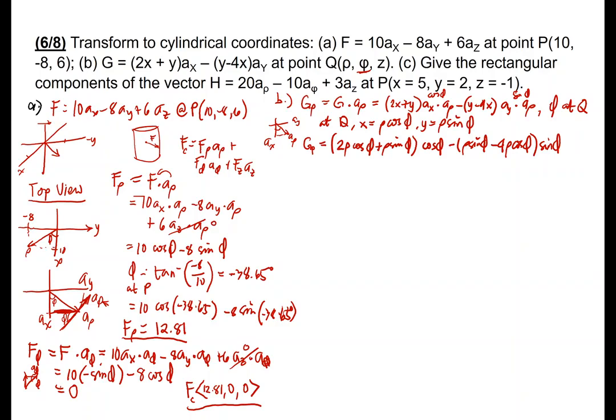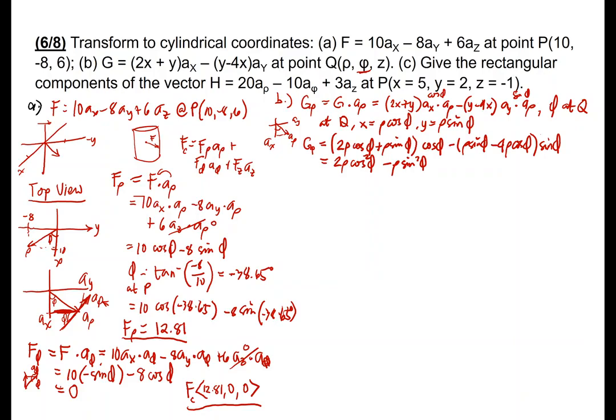So 2 rho cosine phi times cosine phi, you distribute and then cancel, so the answer here is equal to 2 rho cosine squared phi, minus rho sine squared phi.